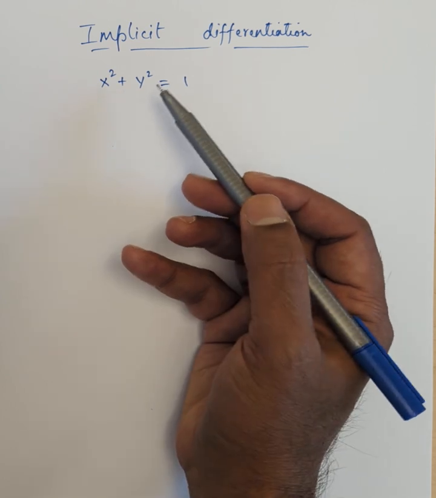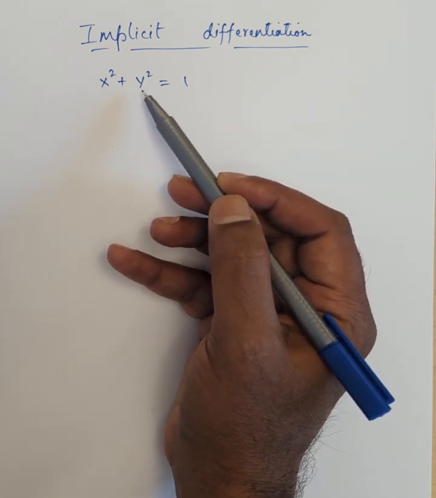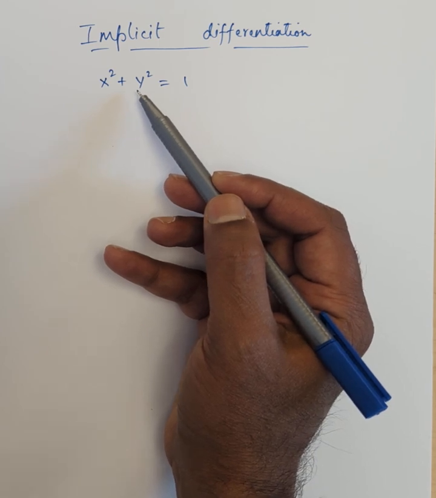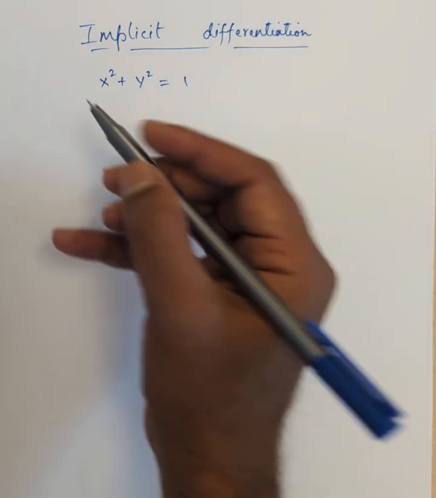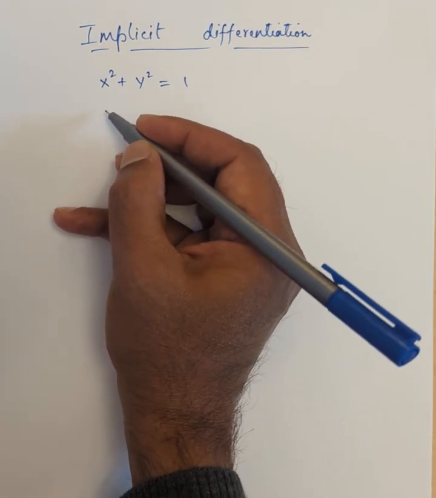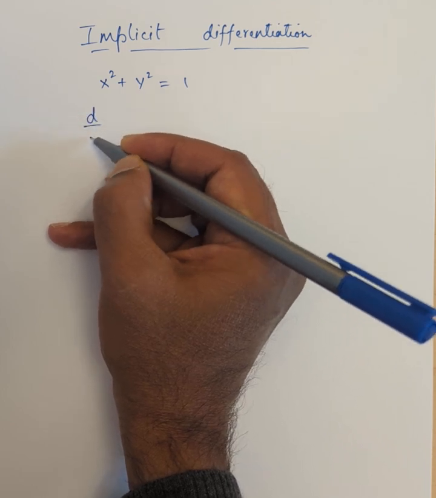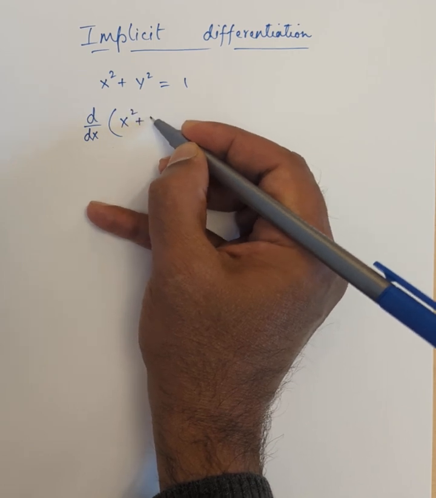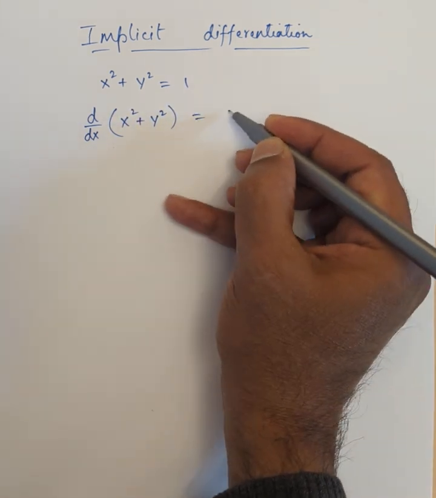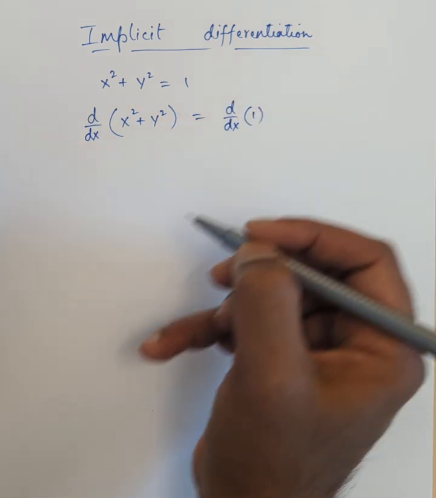And what we assume is that y is a function of x, and we try to find the derivative of y with respect to x. So what we do is we take the derivative on both sides of the equation. If you differentiate on both sides, you take d/dx of x squared plus y squared on the left and d/dx of 1 on the right.